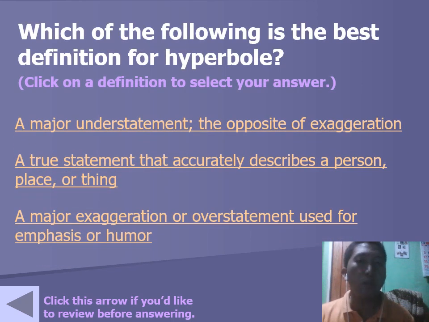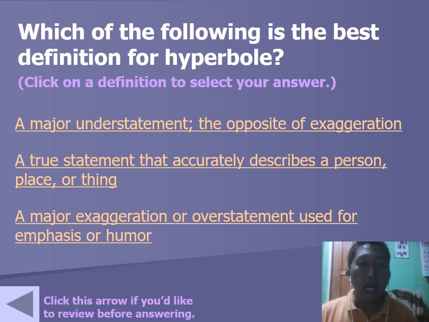Which of the following is the best definition for hyperbole based on the examples given previously? A. A major understatement, the opposite of exaggeration. B. A true statement that accurately describes a person, place, or thing.